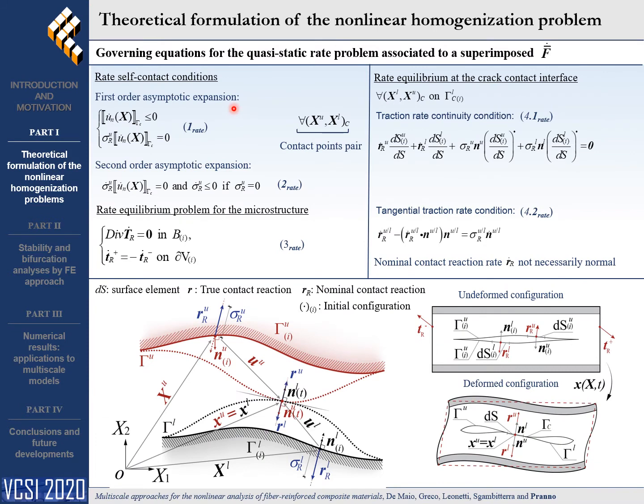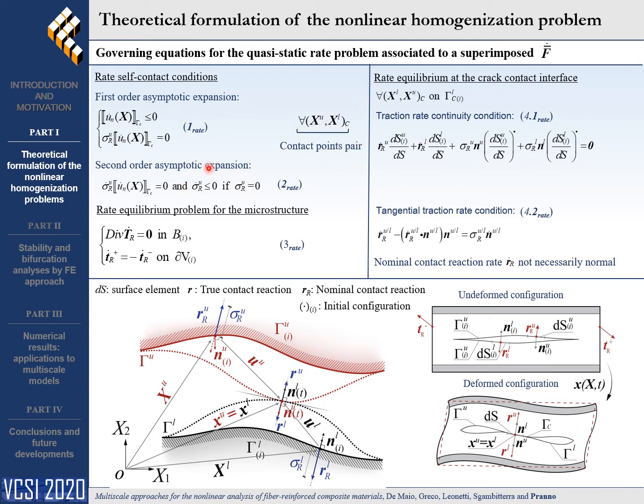Here, the rate equations governing the rate equilibrium solution of the microstructure are reported. They can be derived by means of an asymptotic expansion at a generic time t and can be defined in terms of the fluctuation rate solution. Specifically, the first-order asymptotic expansion of the non-penetration mechanical contact conditions leads to the following rate constraints at a generic contact point pair.